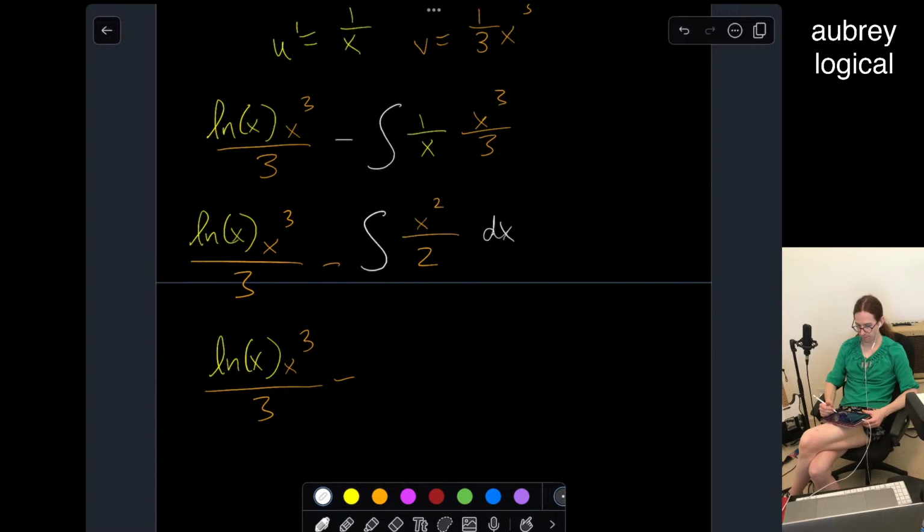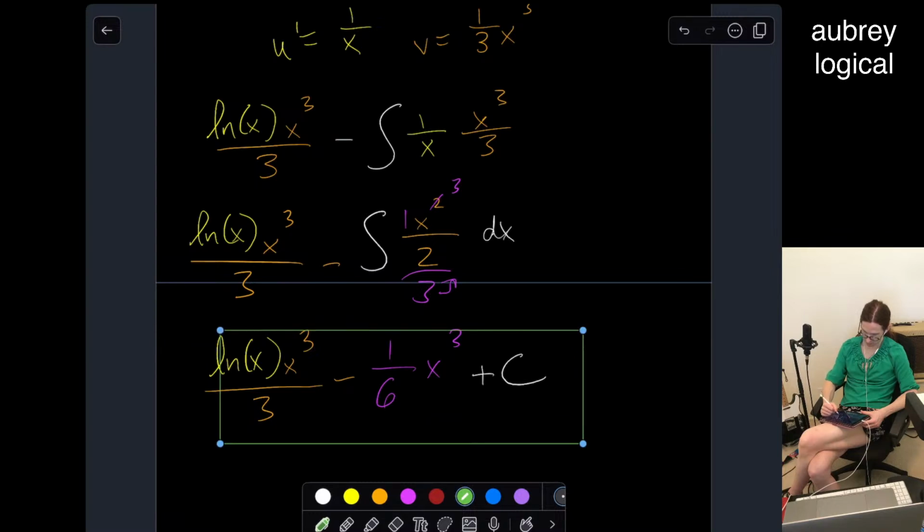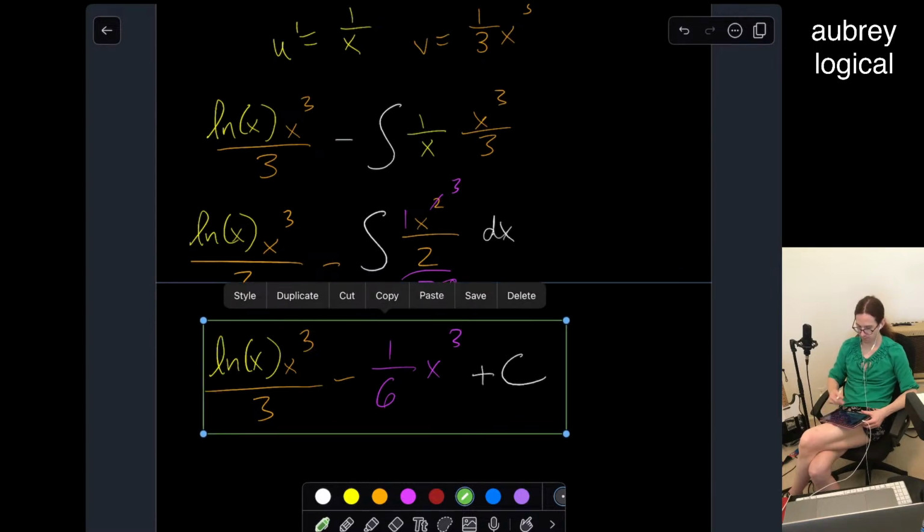Integral of x cubed over 2, we're going to make that a 3, and then we're going to divide 1/2 by 3, so it's going to be 1/6 x cubed plus C. Final answer. Let's check it out.